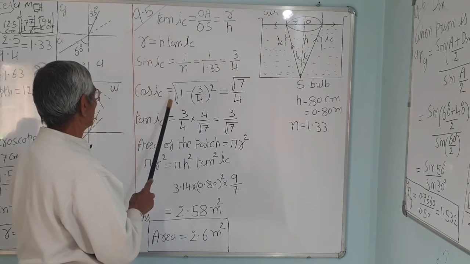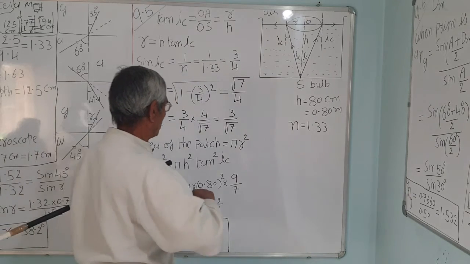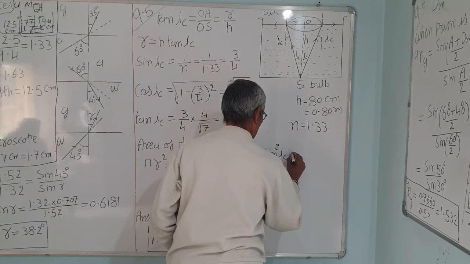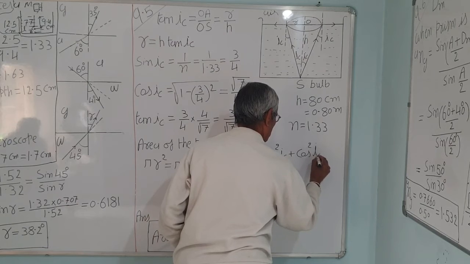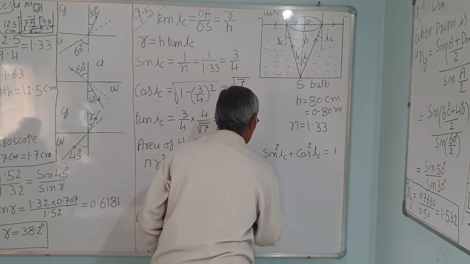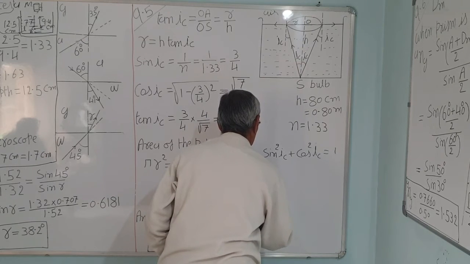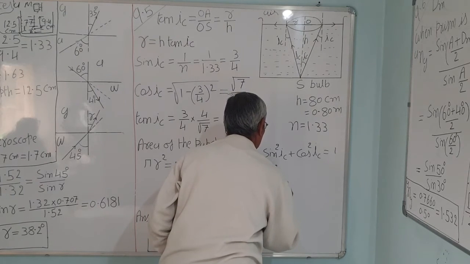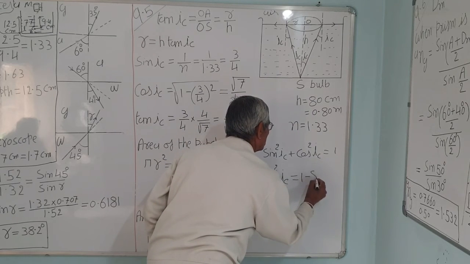Therefore, cos square IC is equal to 1 minus sin square IC.